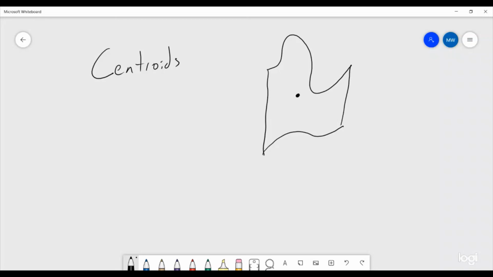So this is the point x bar, y bar, and this is the centroid of constant density.